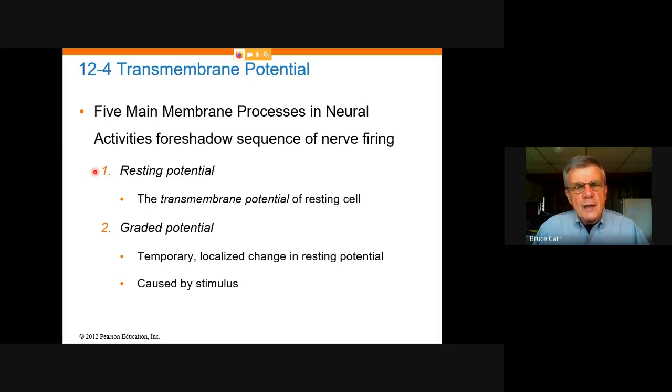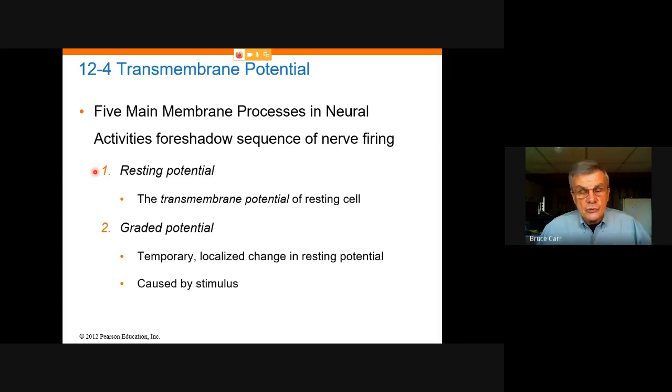So if you want to think about it, think about this, minus 70 millivolts, and if you sat and watched a cell you were measuring, it would be going minus 69, minus 68, minus 70, minus 71, minus 72, kind of varying. You could basically see the needle wiggle back and forth. But basically it's varying around that resting average.